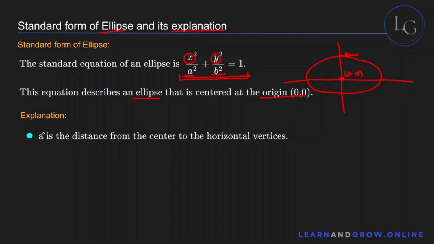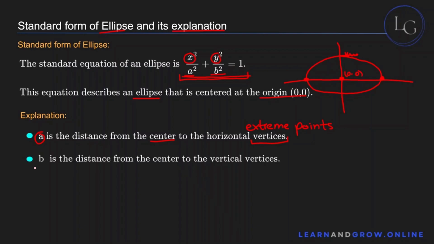Now, A is the distance from the center to the horizontal vertices. So again, what are vertices? Vertices are extreme points. The horizontal vertices are these 2 points that are the absolute maximum points on the horizontal axis that touch the ellipse.